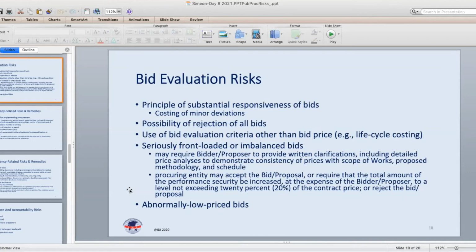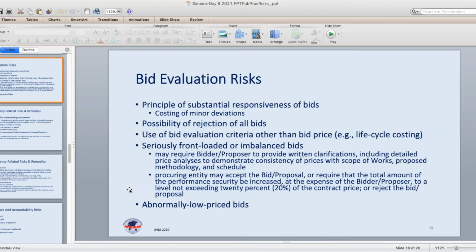So that matters for value for money, but also to limit the possibility of mischievous rejection of bids on the part of the procuring entity to favor a particular insider on the basis of some hyper-technical, almost meaningless deviations in bids. So it's a multi-purpose type of risk mitigation measure, this notion of substantial responsiveness of bids.